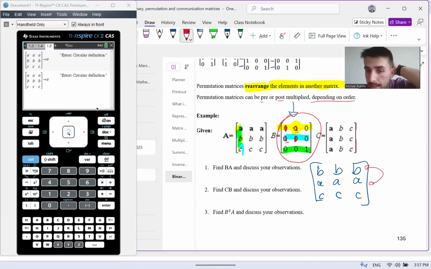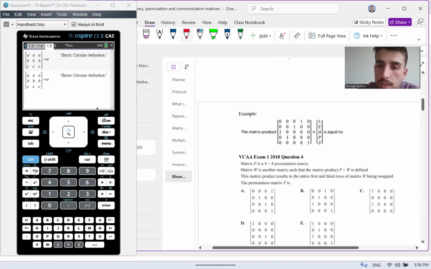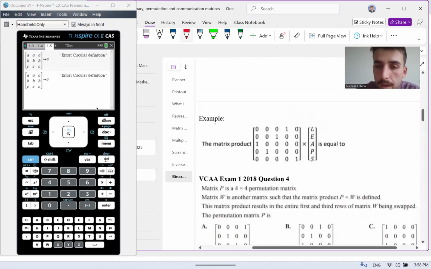That would be called the identity matrix. Now, if we did the identity times A, nothing would change. But if we start swapping around the rows, as we have here, that is where you can see the rows change positions. We'll get into an actual example.